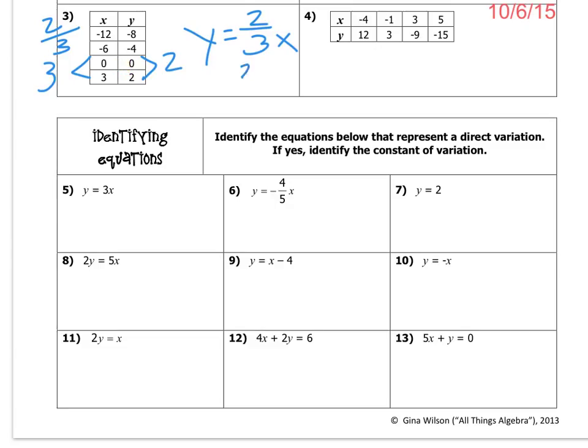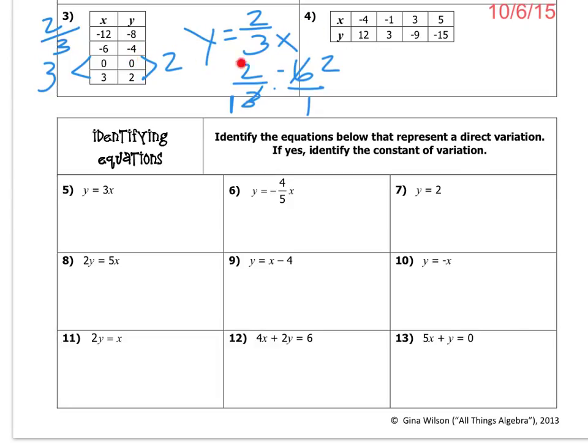So I'm going to do 2 over 3 times -6 over 1. I can divide both 3 and 6 by 3, and 3 divided by 3 gives me 1, and 6 divided by 3 gives me 2. And then positive 2 times -2 equals -4, which is what we got for our y.